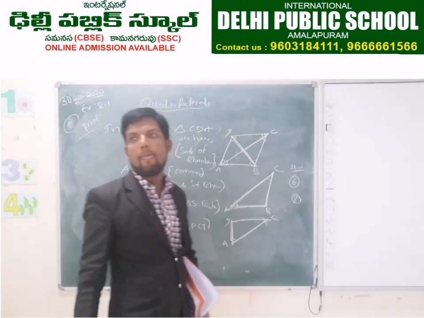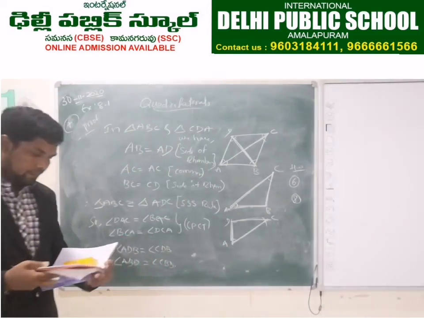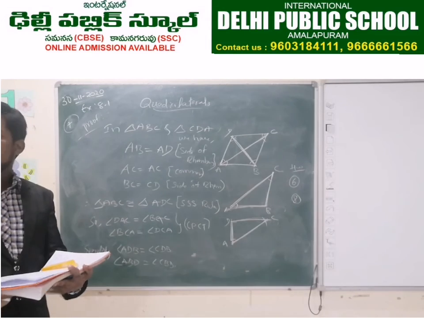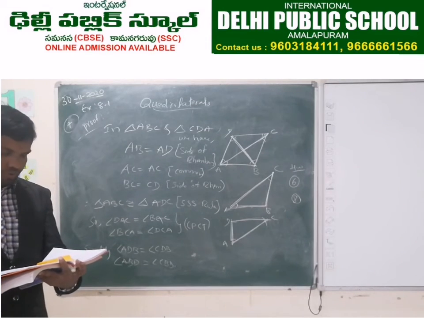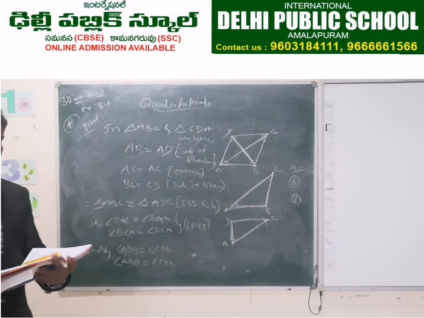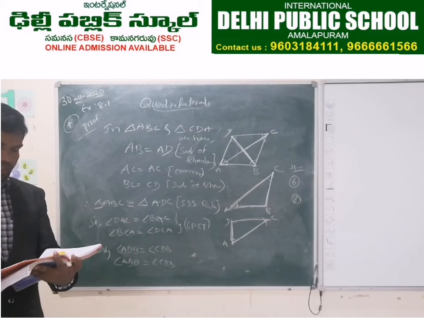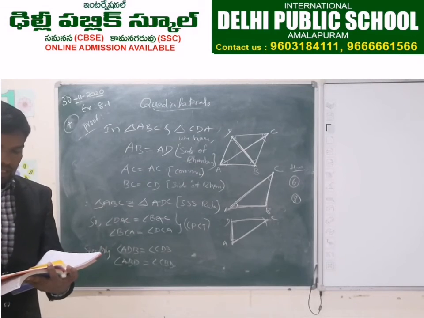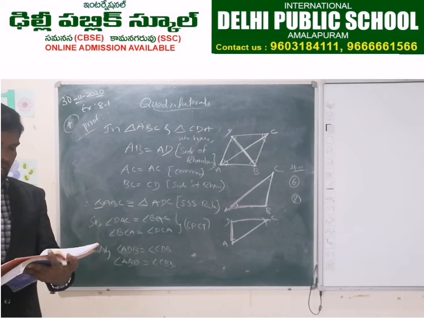Sorry? 8th question. Yes, ABCD is a rectangle in which diagonal AC bisects angle A as well as C. Show that ABCD is a square.